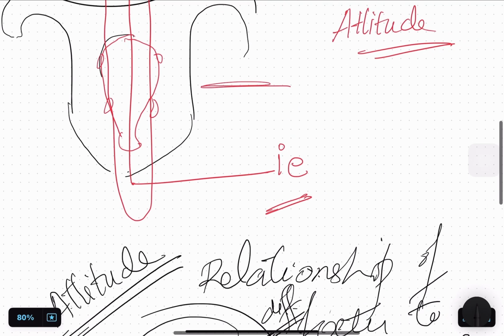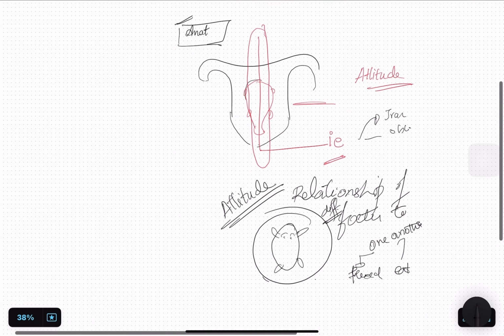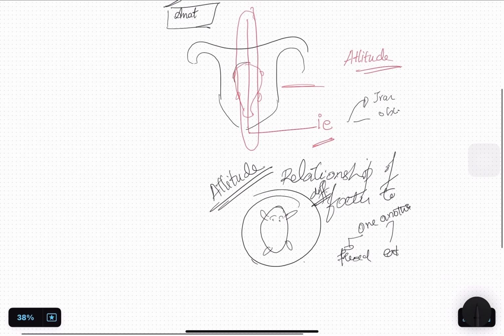Here also you can have transverse lies or oblique lies, all those things. So two definitions done, that is lie and attitude. How do you remember attitude? Remove the maternal pelvis and all the other stuff. So I'll write it here. This is lie, and this is attitude.